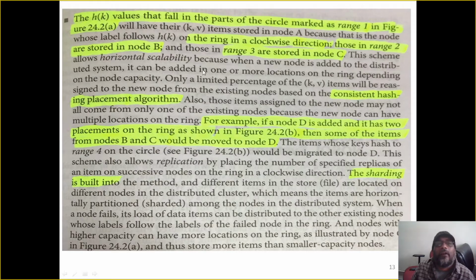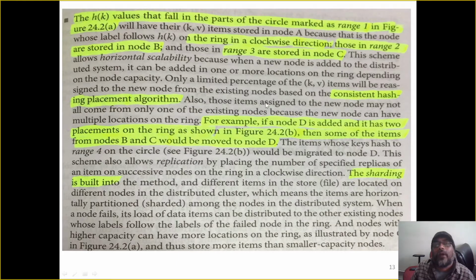This scheme is also called horizontal scaling, because when a new node is added to the distributed system, it can be added in one or more locations on the ring depending on the node capacity. Only a limited percentage of KV items will be reassigned to the new node from the existing nodes based on the consistent hashing placement algorithm.